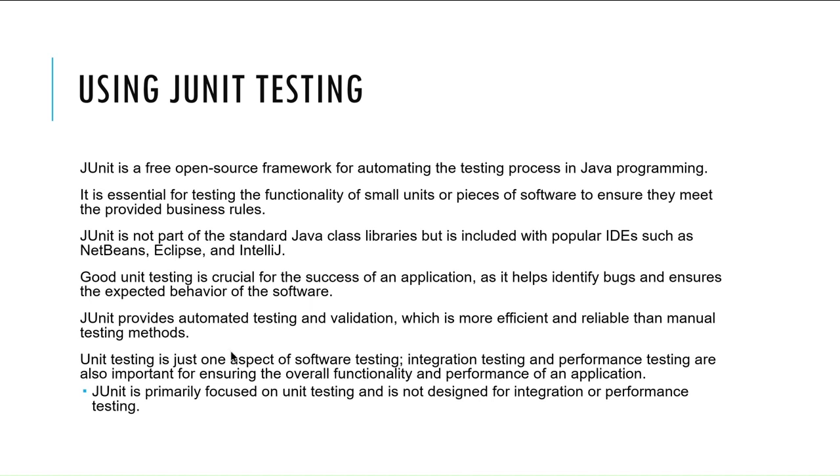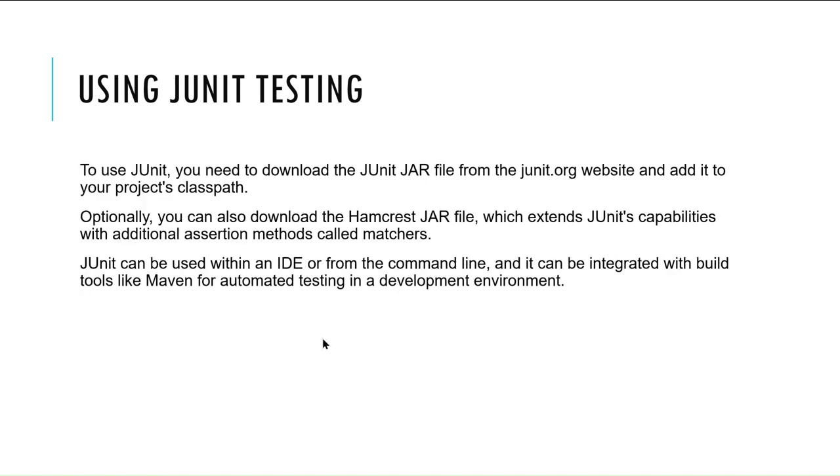Unit testing is just one aspect of software testing. Integration testing and performance testing are also important for ensuring the overall functionality and performance of an application. JUnit is primarily focused on unit testing and is not designed for integration or performance testing.